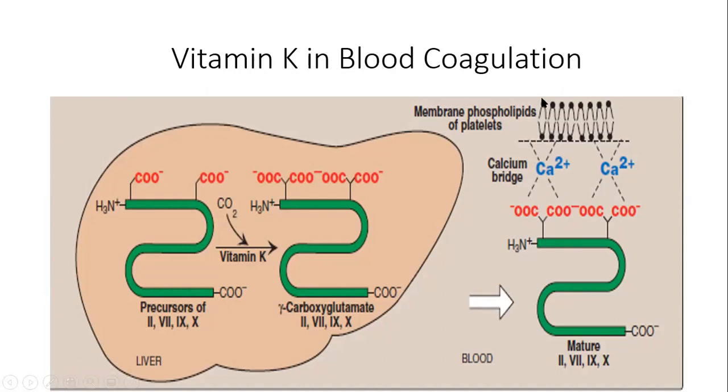If you can still remember, phospholipids are negatively charged molecules as well. So this will facilitate the bridging of your mature clotting factor to the membrane phospholipids of platelets where you need to form your clot. Okay? So the activated platelets are covered with fibrin polymers so that a clot is formed.